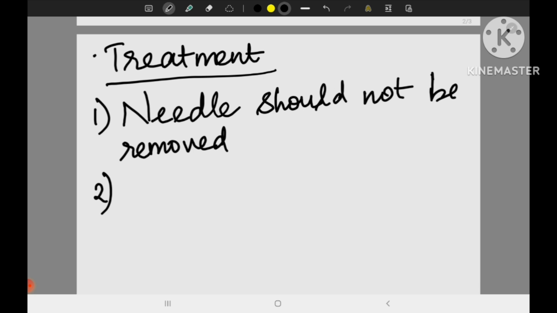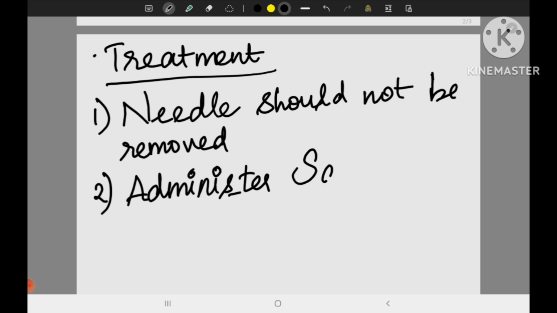Next, administer heparin or administer saline. This is a common question everyone will have: whether to administer heparin or saline. What we have to do is first administer normal saline. Push the crystals, dilute the drug and the blood, so that there is free mobility.